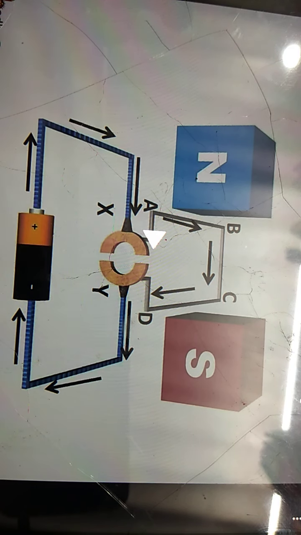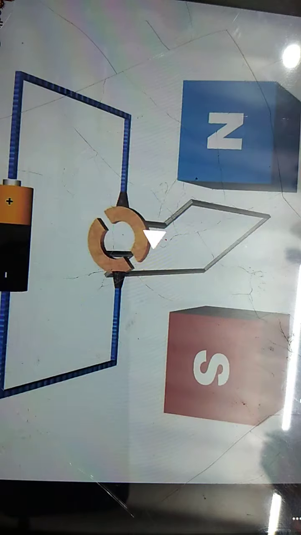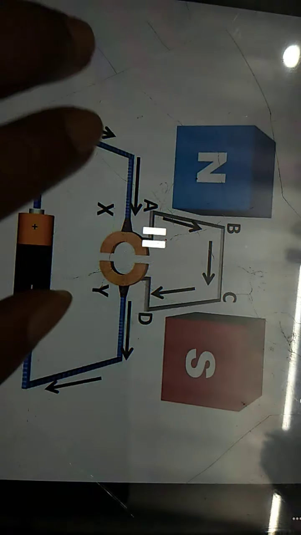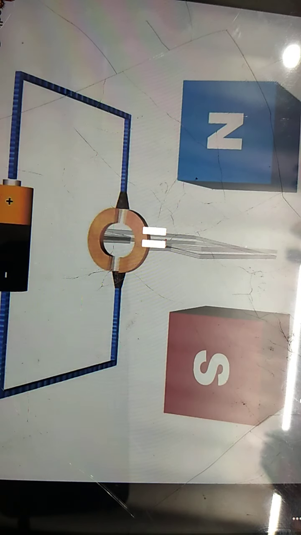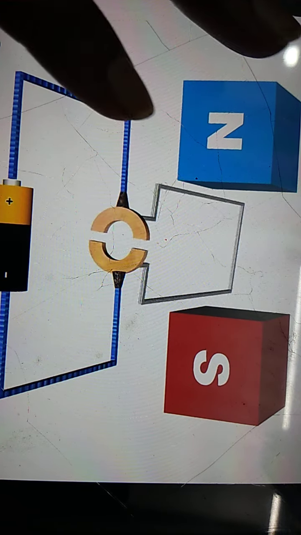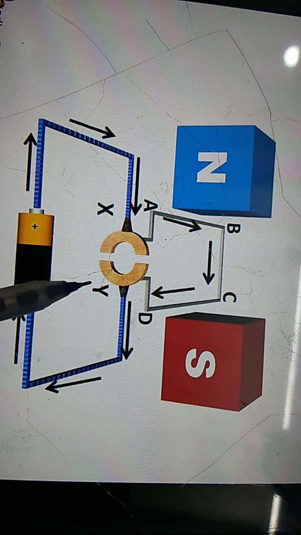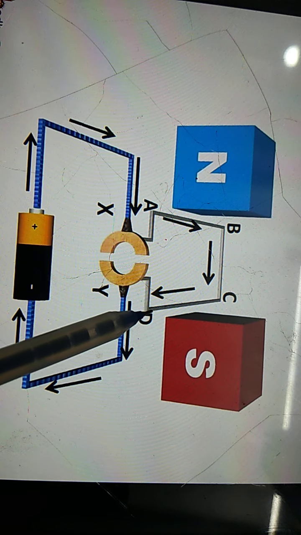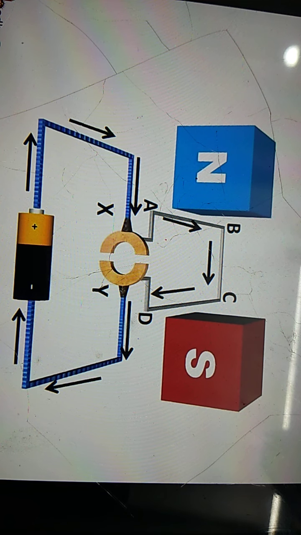Let me see how it moves. Okay, this is moving in an anti-clockwise direction. So you can see here these are the rings, and current goes from A to B, then B to C, C to D, then D to Y again.